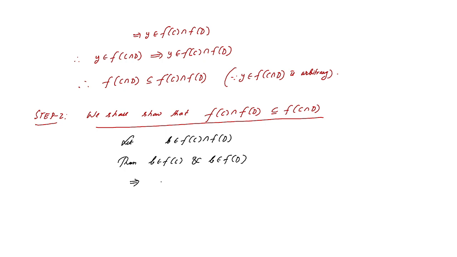So v belongs to f(C), that means there exists x1 belongs to C such that f(x1) equals v, and v belongs to f(D), that means there exists x2 belongs to D such that f(x2) equals v.